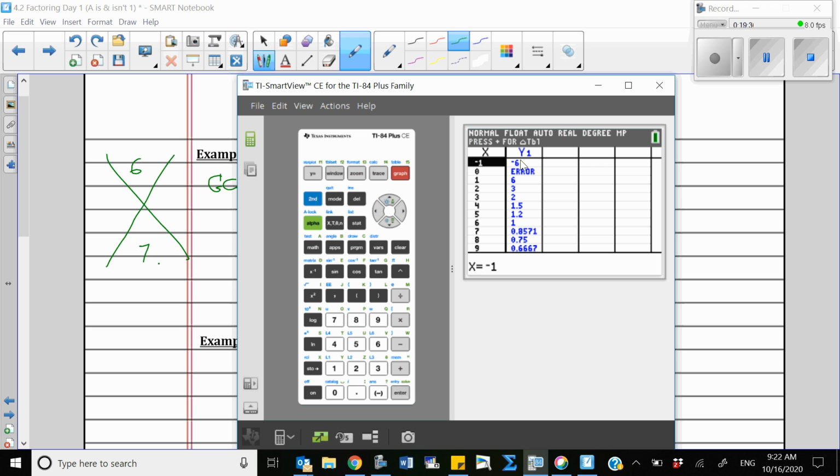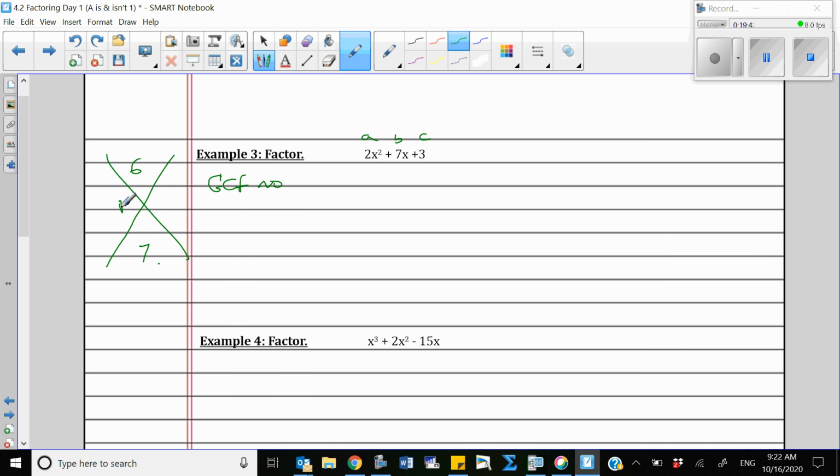-1 and -6. If I multiply them, I get 6, but if I add them, I don't get 7. 1 and 6, yes. Multiply, get 6, and add them, you get 7. So I'm going to write 1 and 6 here, and then the parentheses here, x, then the two numbers, 1 and 6.